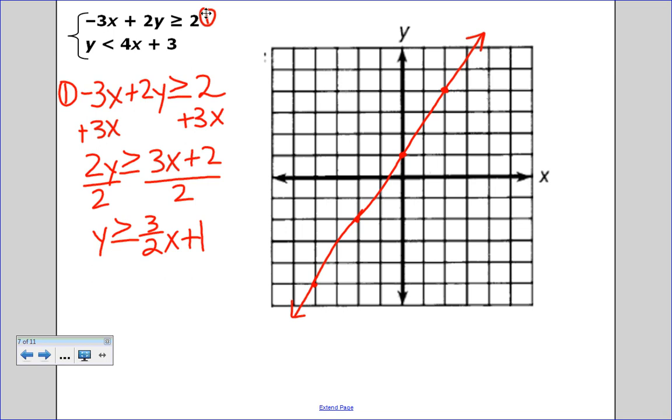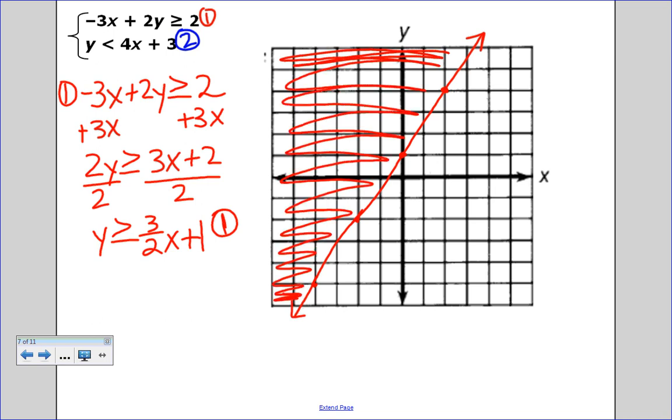Oh, thank you. Miss Sokolowski just asked, are you going to shade that? Well, yes, I am. Let's go back right here to number 1. If y is greater than or equal to 3/2 x, I'm shading above. So everything on this side of this line is a solution.